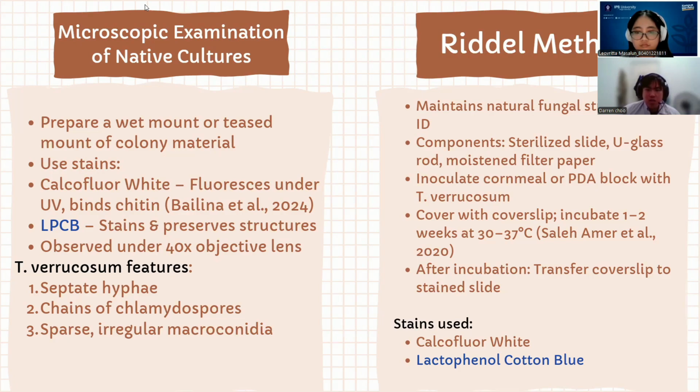When inoculated with fungal material, the agar block is gently covered with a cover slip on top. This is incubated for 1 to 2 weeks at 30 to 37 degrees Celsius in a humid environment. During growth, fungal structures spread between the cover slip and the agar. After incubation, we carefully lift up the cover slip and stain it for microscopic observation.